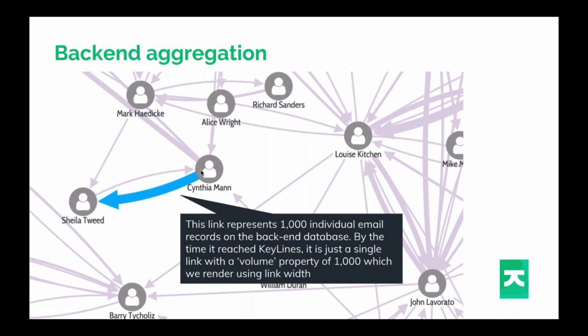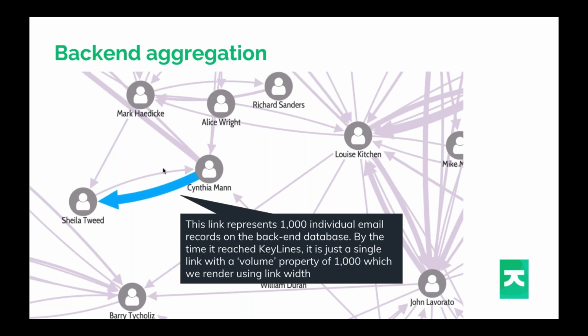So what we did in the demo that this is based on, and what a very good idea would be, is to say, instead of representing each email as a link, let's roll those all up together and say the link represents all emails between these people. And let's put a property on that link, property of 1,000 in this case, if they send 1,000 emails. And then we can let KeyLines decide how to render that.